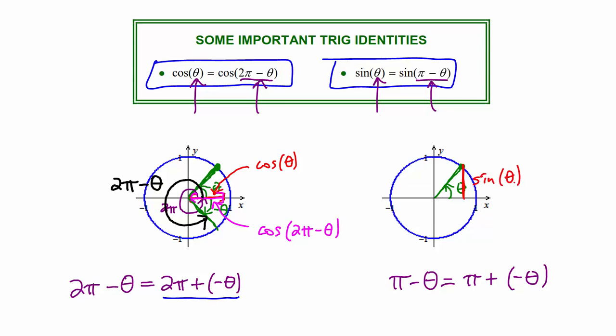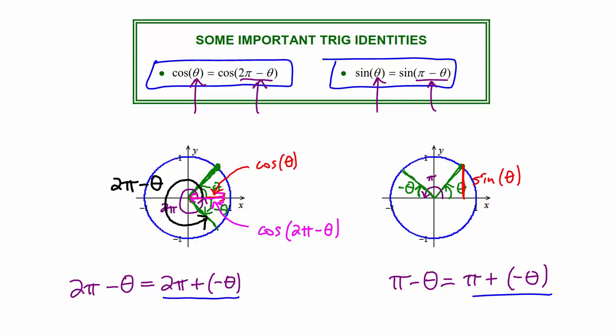Now we want to plot the angle pi plus negative theta. So what we can do is we can rotate pi, which is half of a revolution. There's our pi rotation, and then we'll add to that the opposite, a backwards rotating version of theta, to take us up to this terminal side.